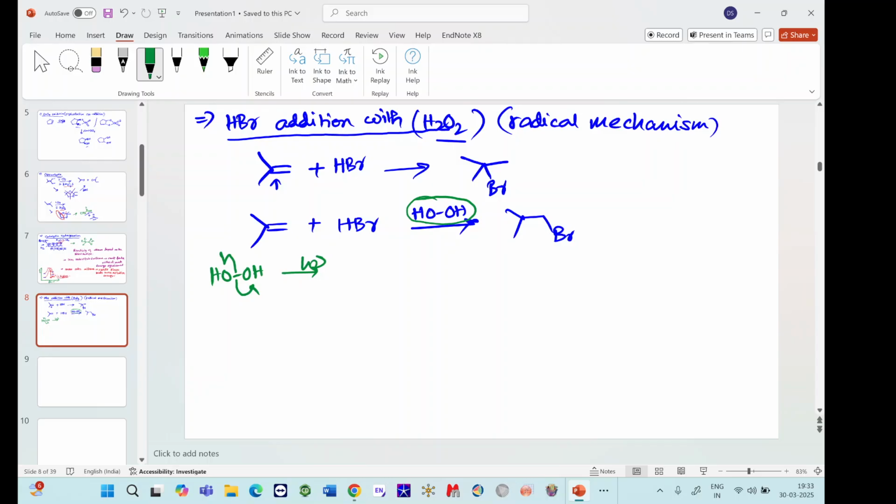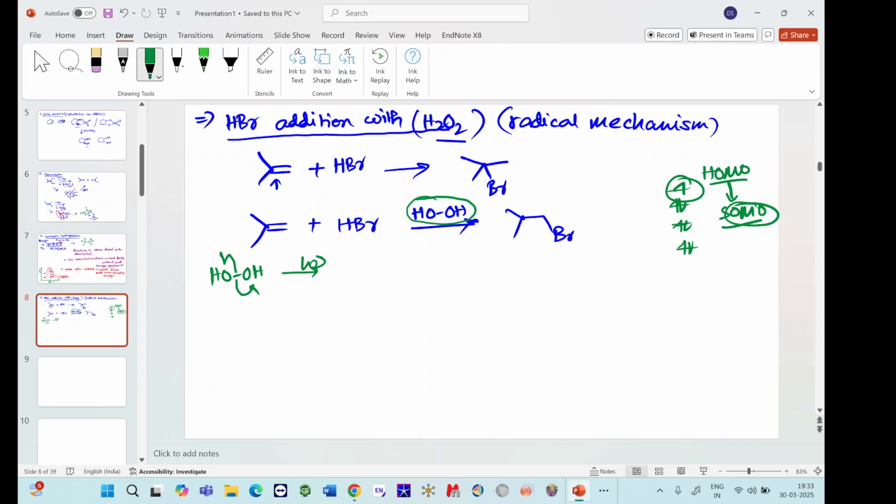So each atom will get a single electron. In the molecular orbital levels, at the extreme, the HOMO, you will have a single electron, so it is called the singly occupied molecular orbital or SOMO.